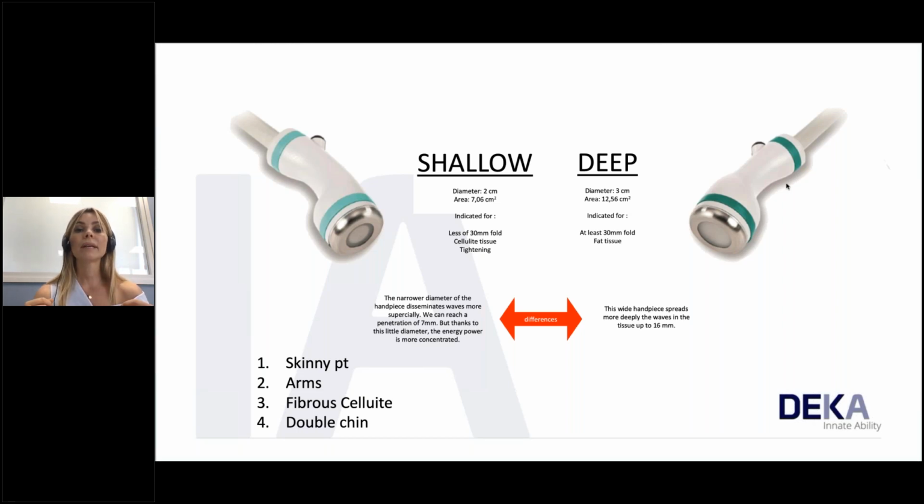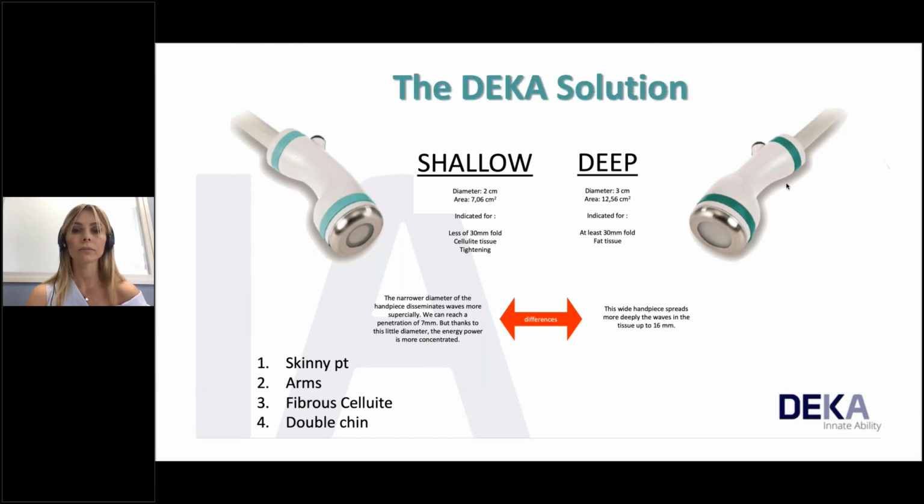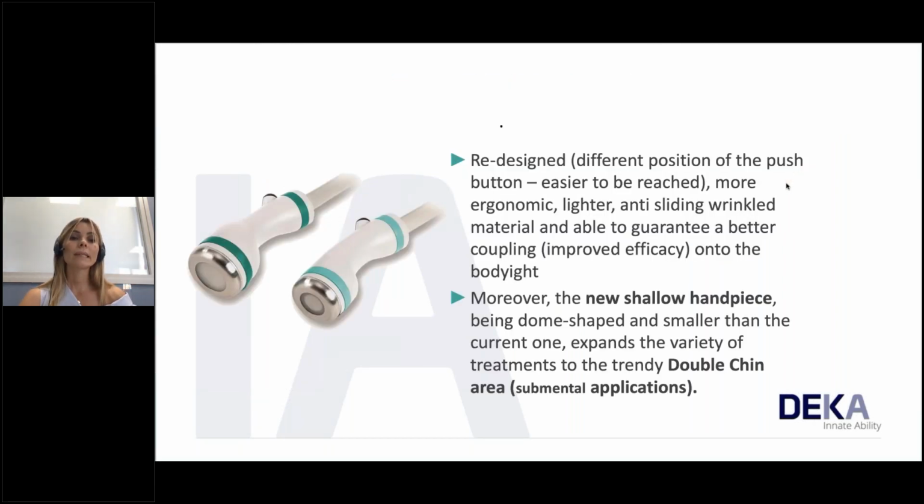Why? Because the narrower diameter permits me to concentrate my energy power, and so I'm sure that I can denature the collagen. Recently, these end pieces have been redesigned to be more ergonomic and lighter.